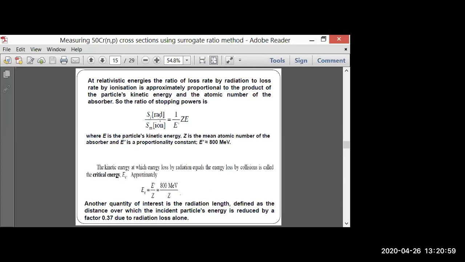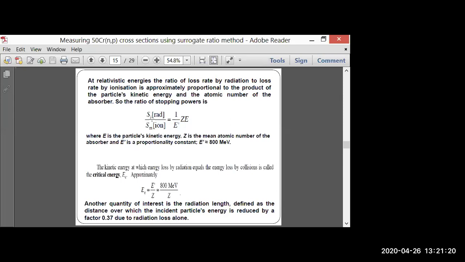Then we come to a ratio which tells about the energy loss due to radiation versus the loss due to ionization. Loss due to radiation is through the Bremsstrahlung process, and loss due to ionization is the simple ionization process.